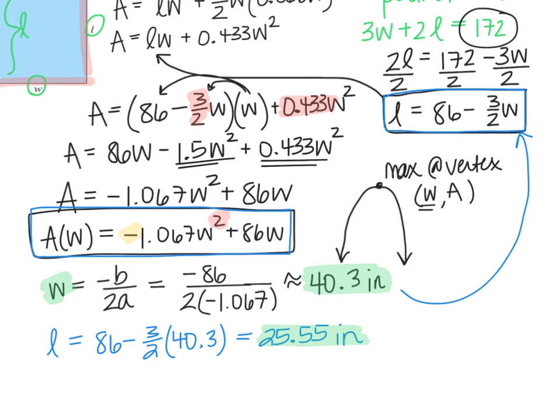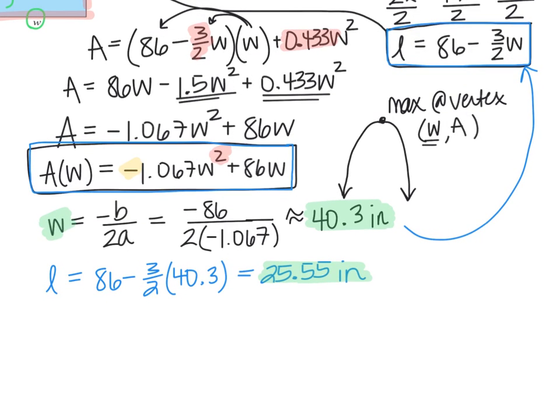So right now we have our complete answer for part A. So part A, which asks for the dimensions of the rectangular portion of the window, will be 40.3 inches by 25.55 inches. Those will be the dimensions of the rectangular portion of the window.